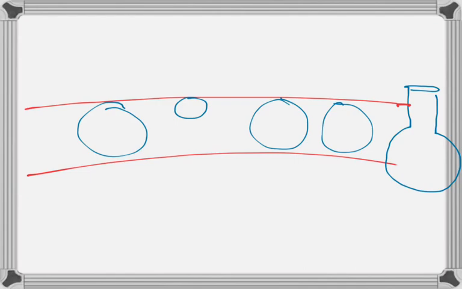Does this look familiar to anyone yet? Jenna, what is this? Yeah, it is. This is the electron transport chain. All right. So we've got, in this case, H+, sorry.